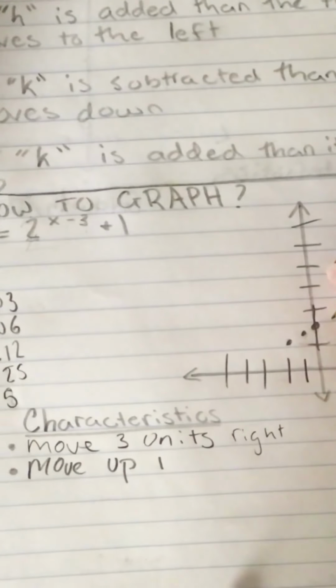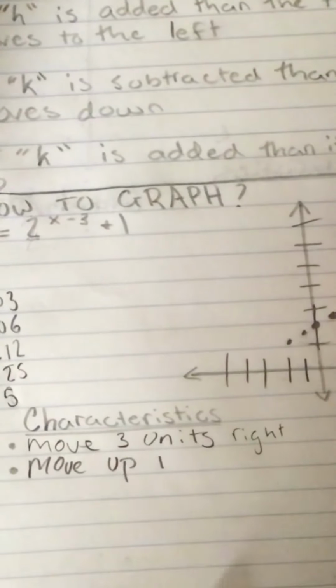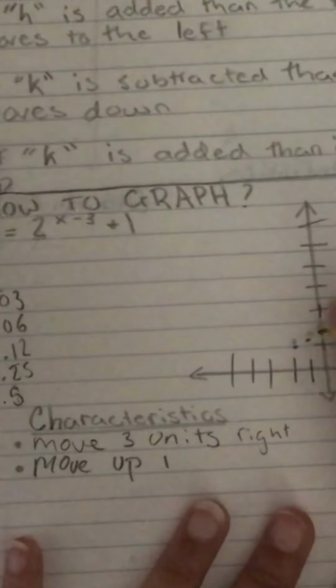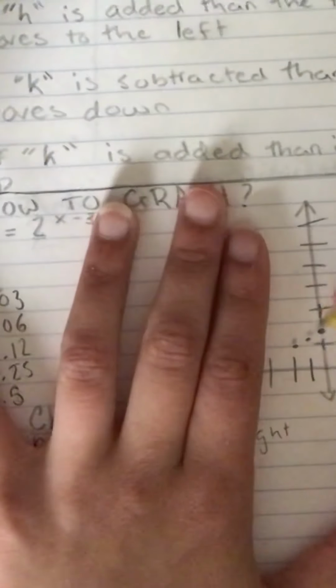And these are really tiny points. I wish I would have picked a different equation. 1.25, so I'll just go right there. And then 2 is 1.5, right there. Actually, it would probably look more like this, if we're being honest.